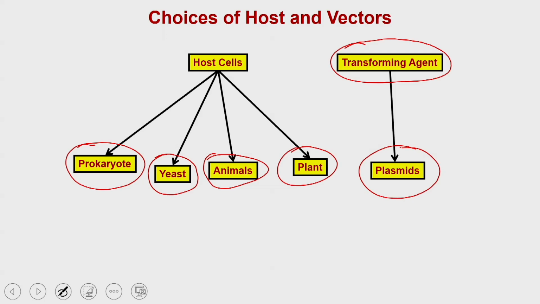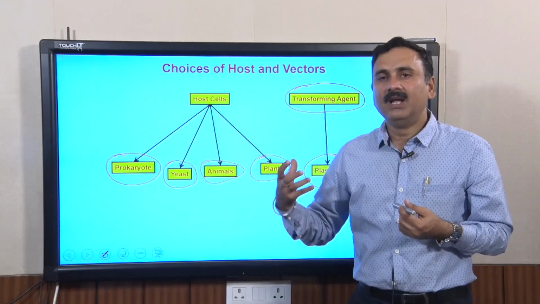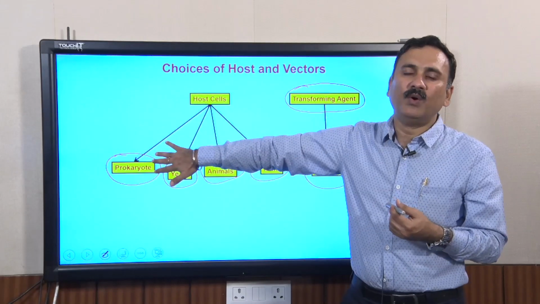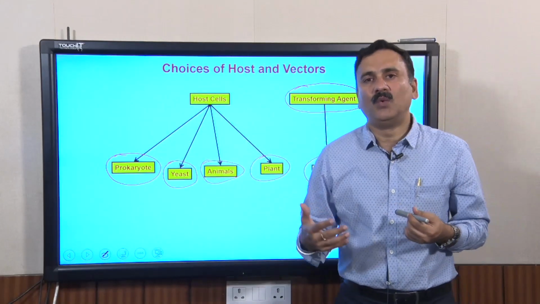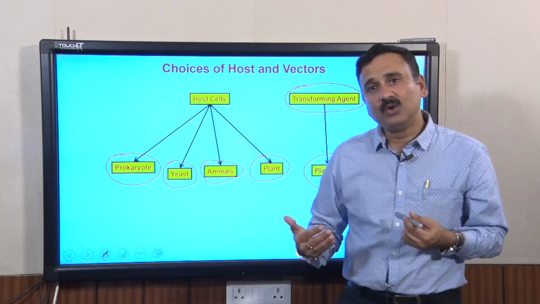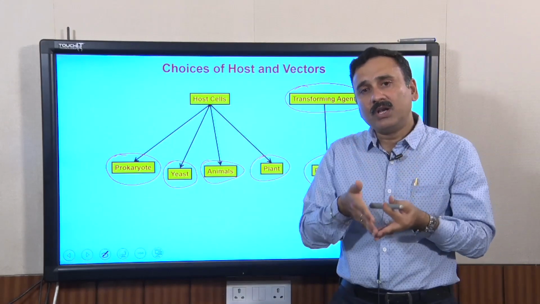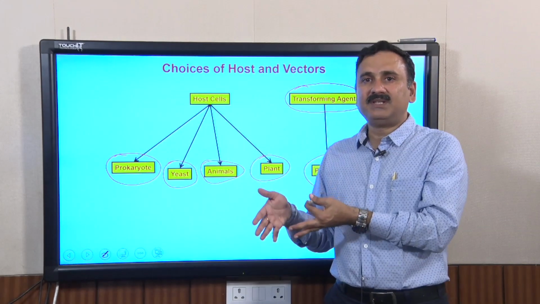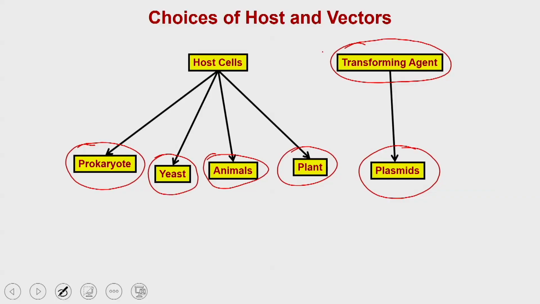So, once you generate a recombinant clone, you have to decide in which type of host system you would like to express your protein, because accordingly you have to select the transforming agents and the host cells which are complementary to each other.